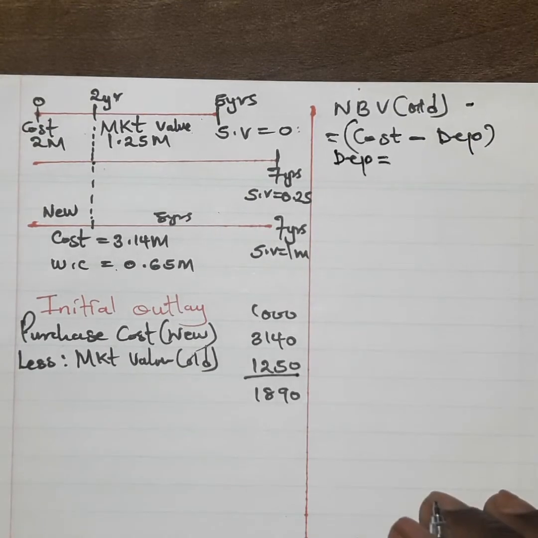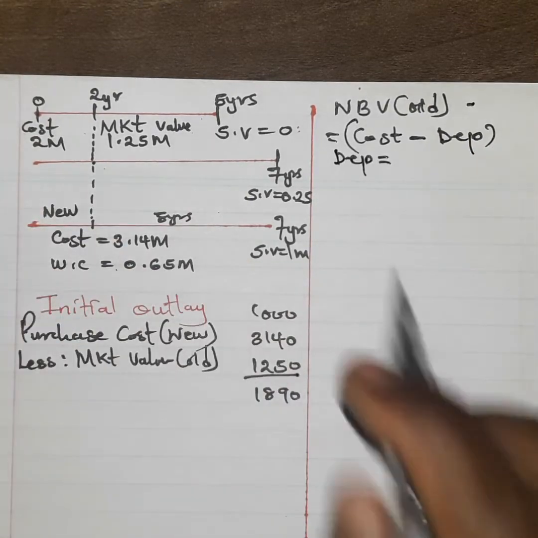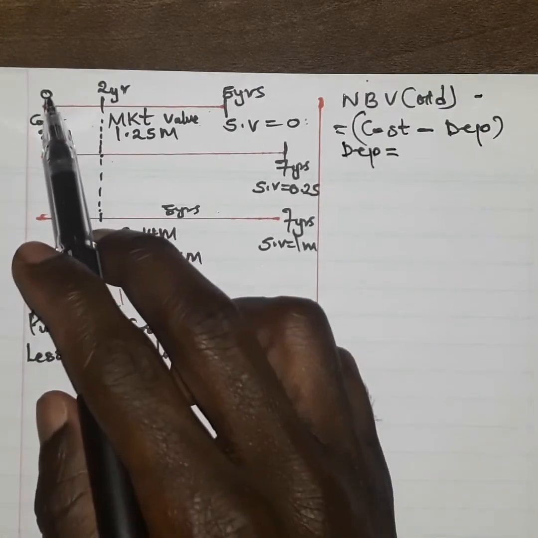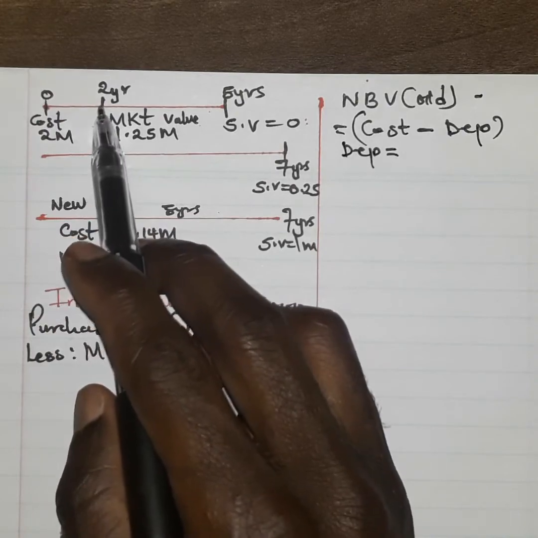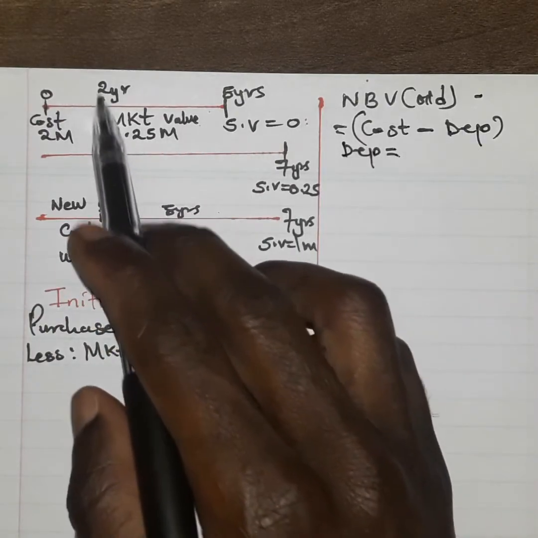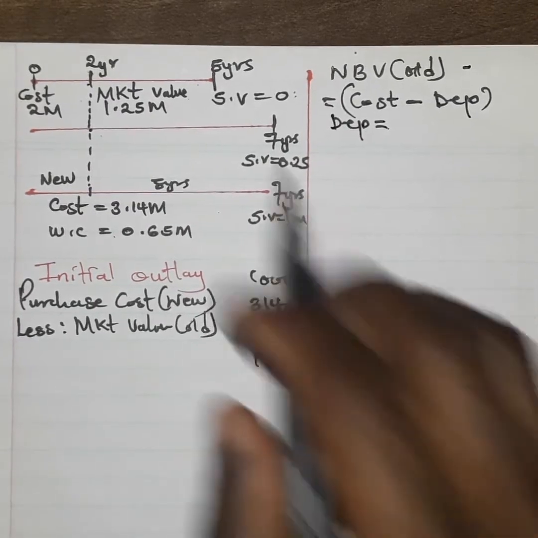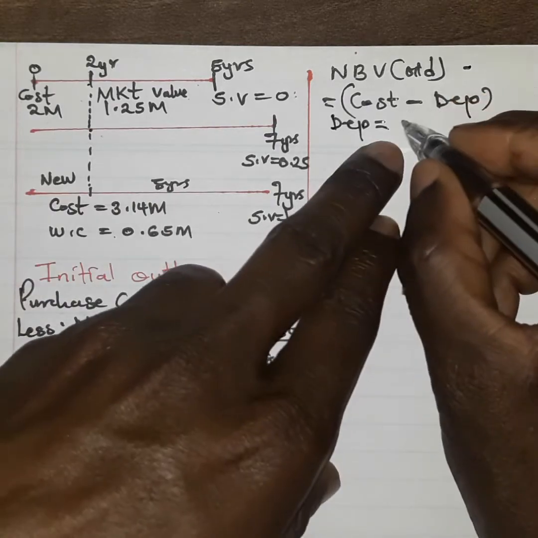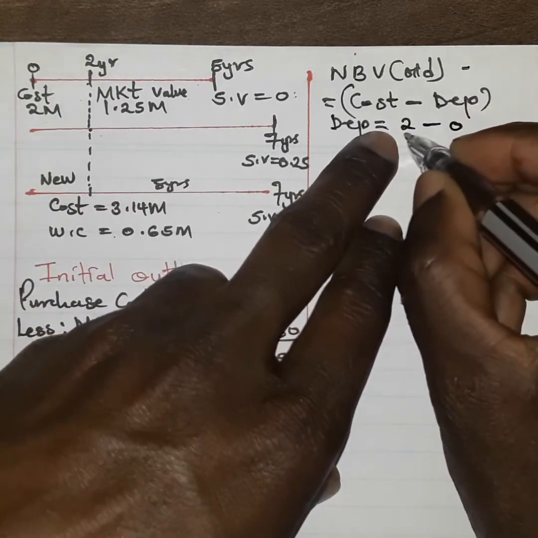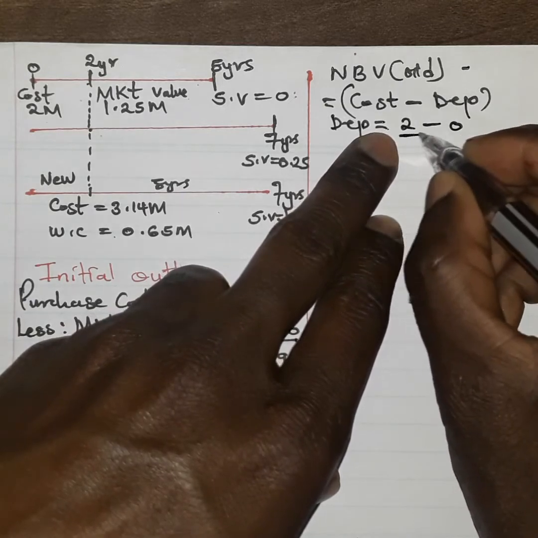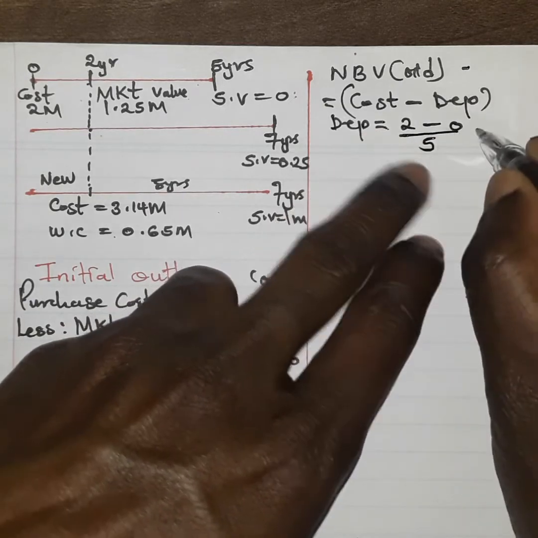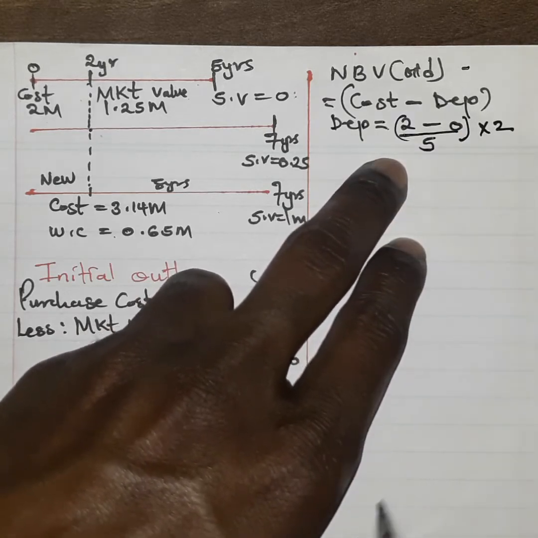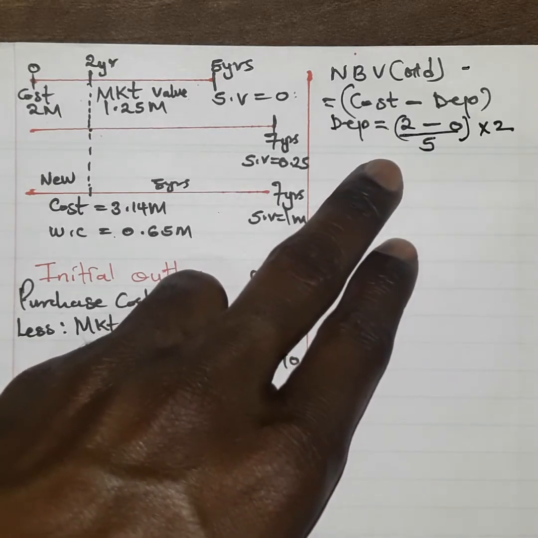And we are told that it uses the straight line method. We are going to get the value that was lost between 0 years and 2 years. So you're supposed to get the depreciation per annum and multiply by 2. And how do you get that one? Because the salvage value was 0, but the cost was 2 million, it's supposed to be 2 million minus 0, you divide by the useful life, which is 5 years, multiply by 2 to get the depreciation for the 2 years.